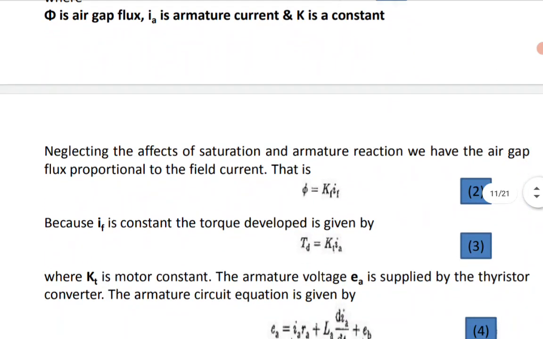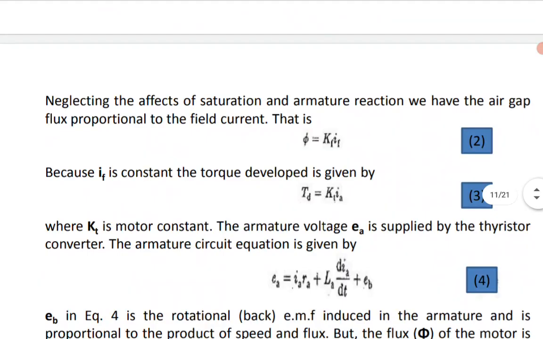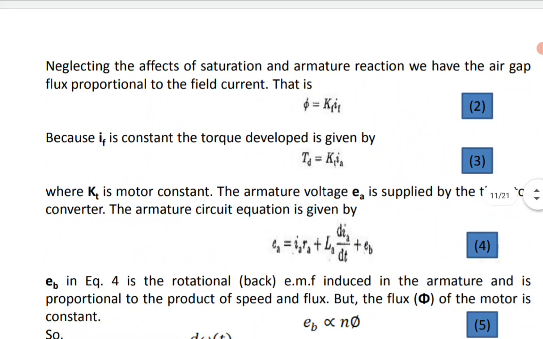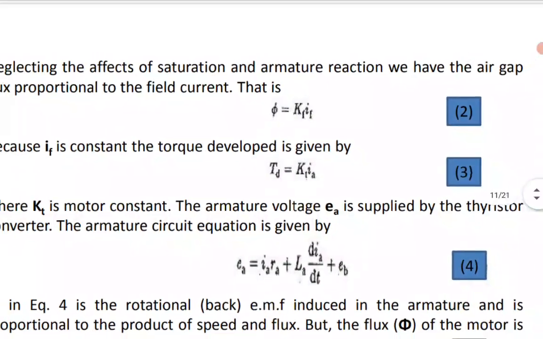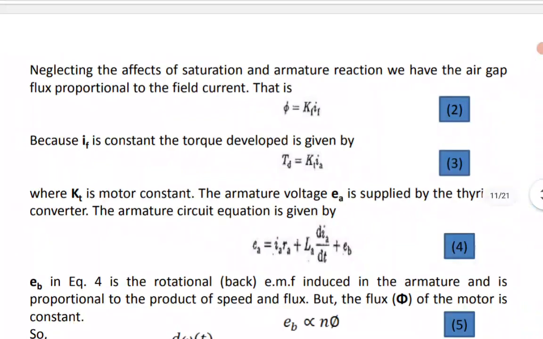Now, neglecting the effects of saturation and armature reaction, we have the air gap flux proportional to the field current, that is phi is equal to kf into if. Because if is constant, as I already told you, since it is an armature controlled DC motor, obviously we take the field as remaining constant, meaning flux is already constant.